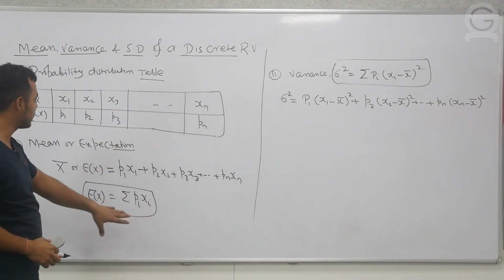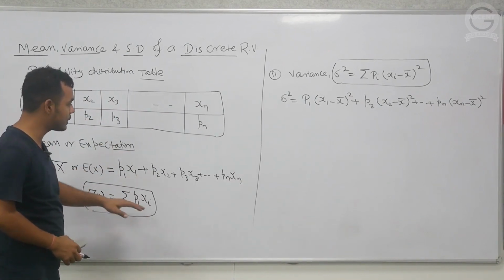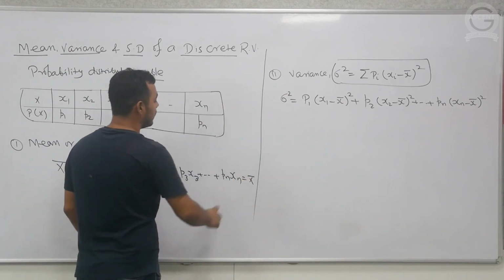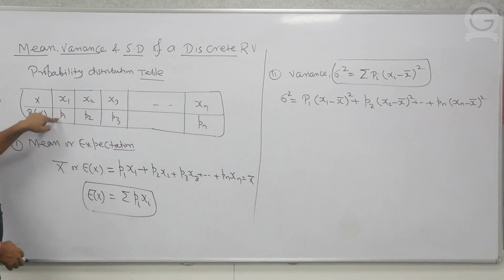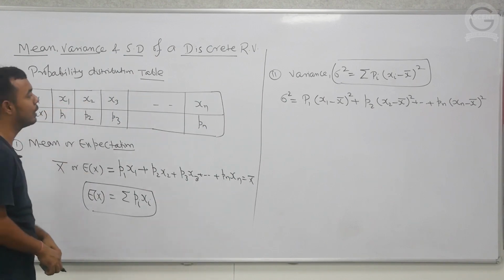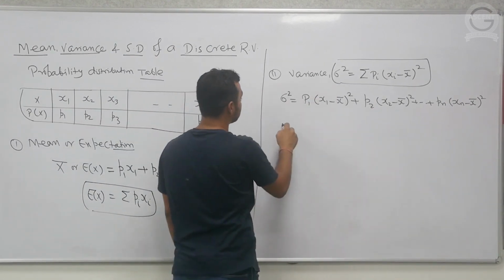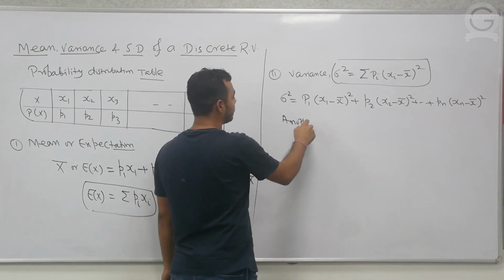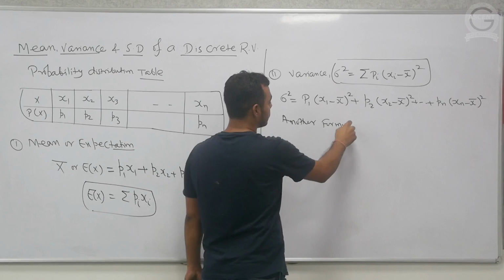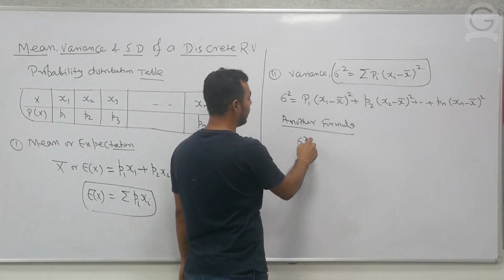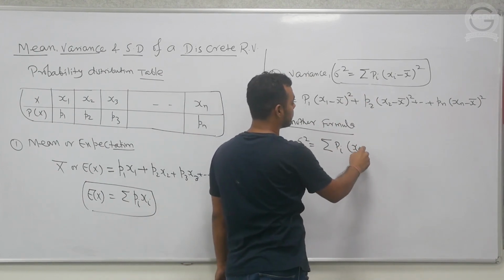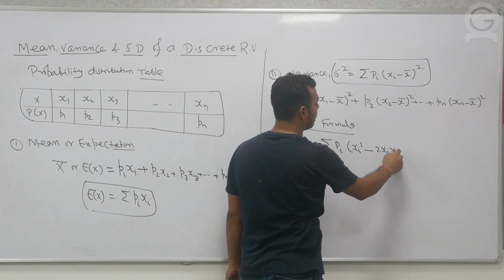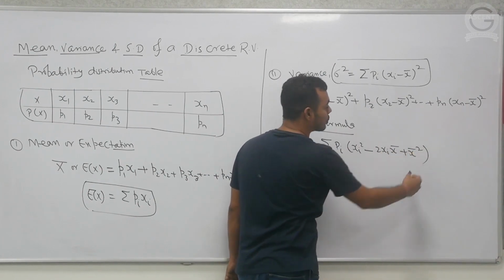This x bar, which is the mean, is a constant. So to calculate variance, you multiply p1 with (x1 minus mean) squared, plus p2 (x2 minus mean) squared, and so on. This is one formula to find variance. Another formula, which is more popular, is this: variance will be summation pi (xi square minus 2 xi x bar plus x bar square).